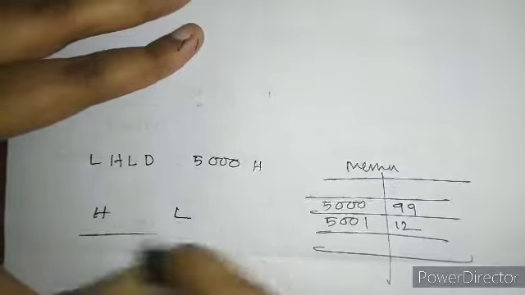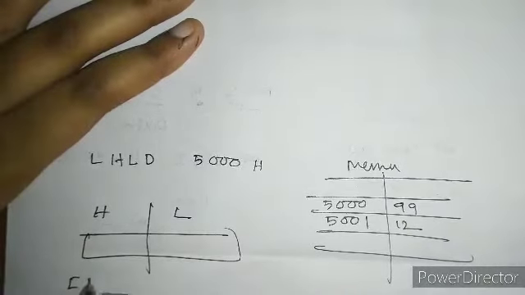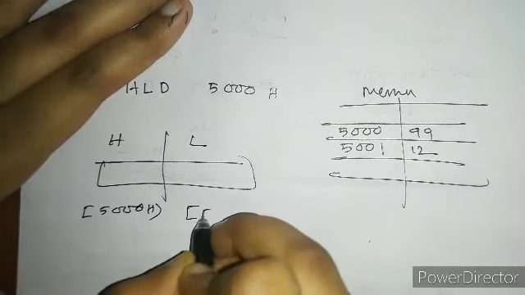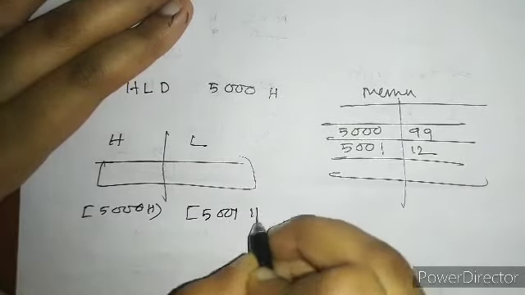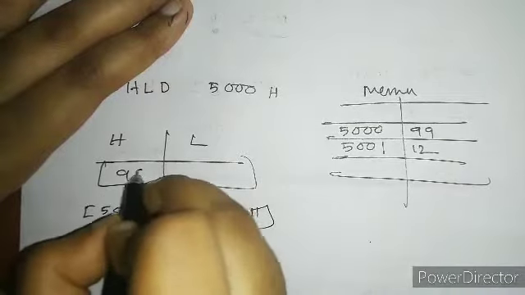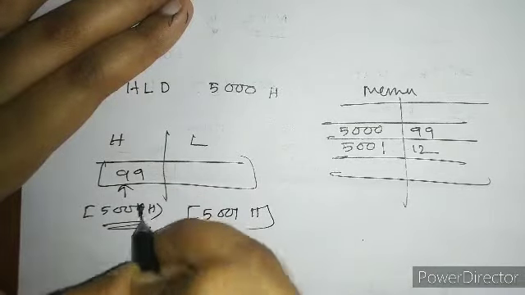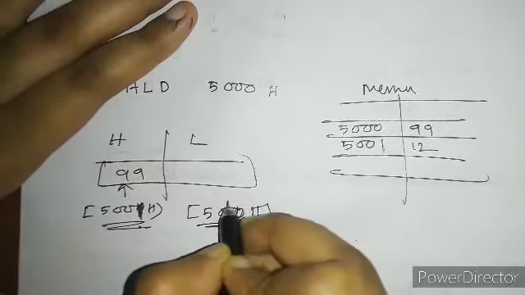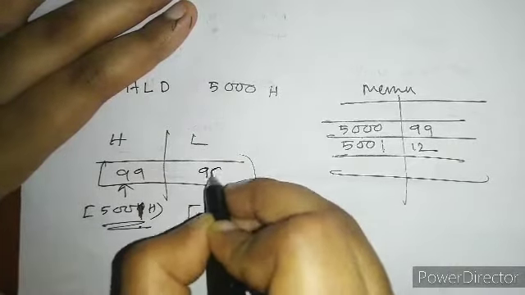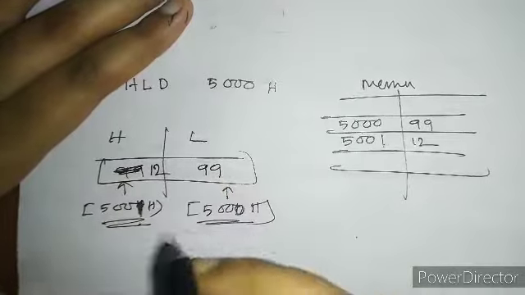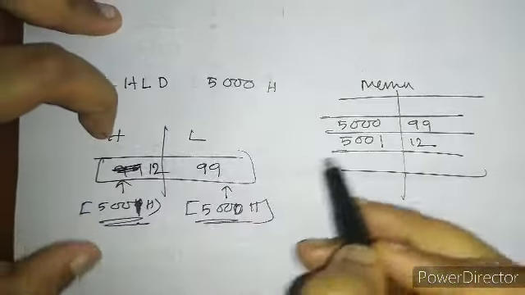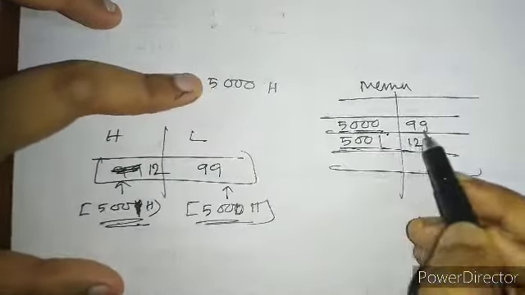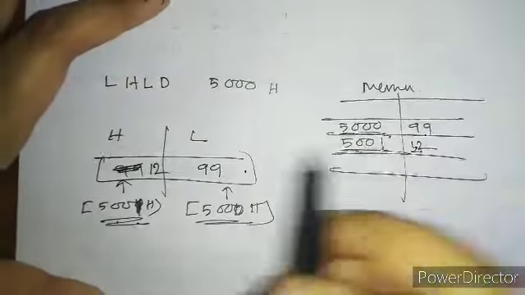It takes the data of address 5000 and the data of 5001. 5000 will get 99, and 5001 will get 12, because H gets the higher address 5001, and L gets the lower address, which is 5000. So 5000 had 99, 5001 has 12.